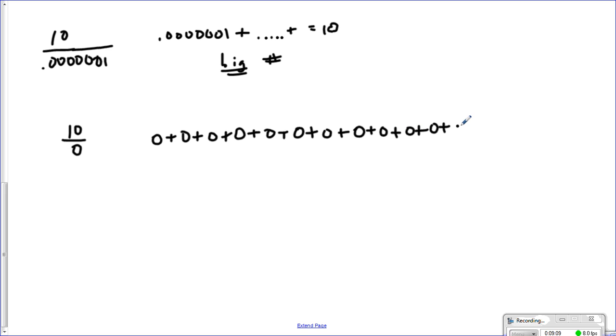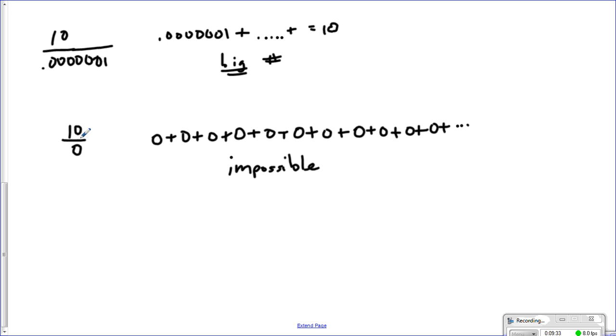I can add zeros forever. Am I ever going to add up to 10? No. It is absolutely impossible to divide 10 by 0 because there is no number of zeros that will add up to 10.